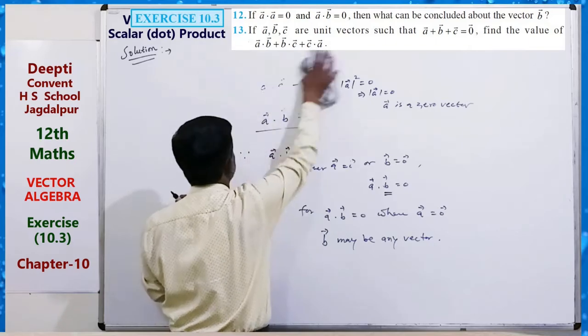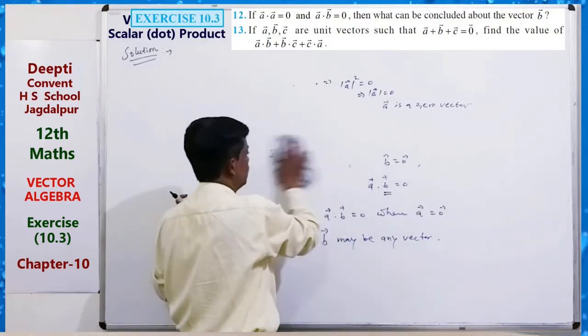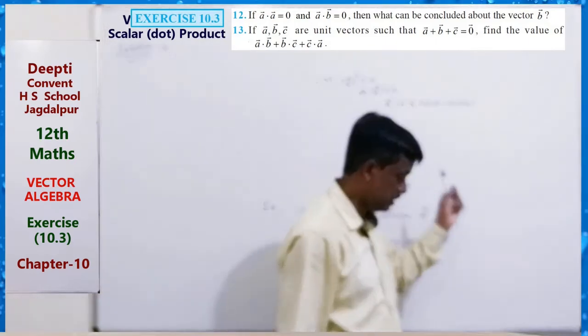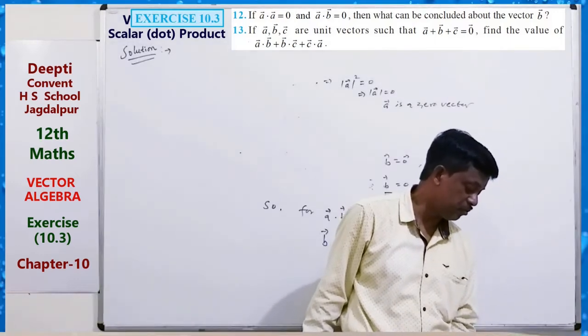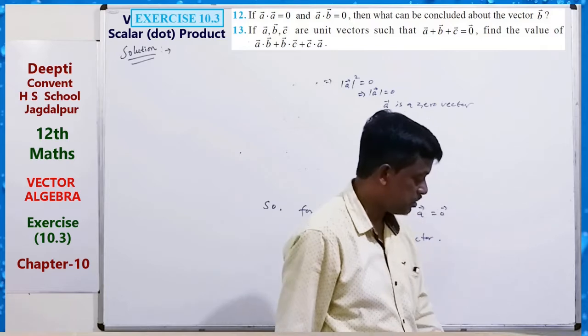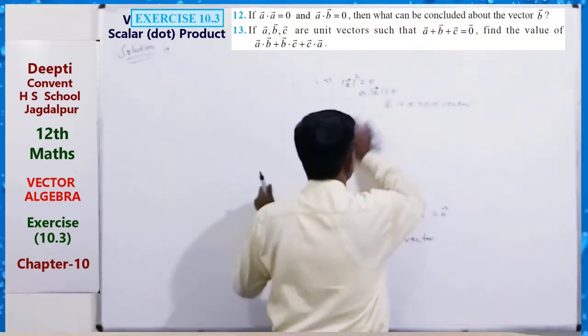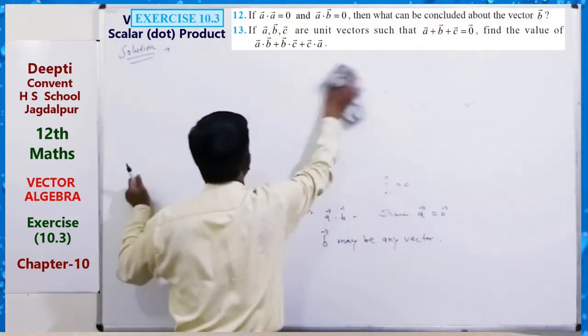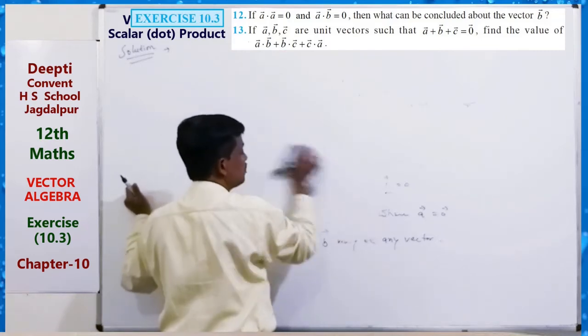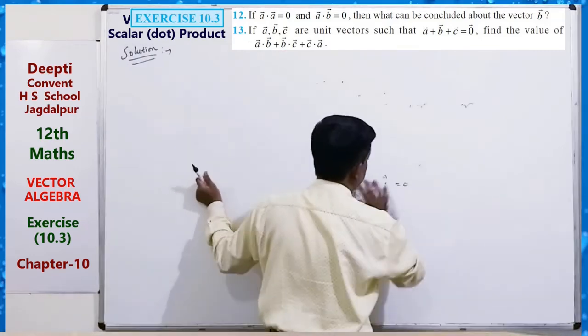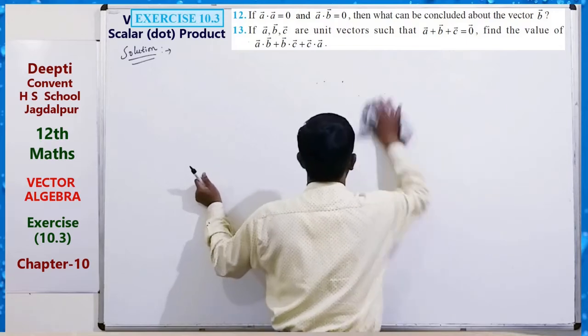Now question 13. What is question 13? A, B, C are unit vectors such that A plus B plus C equals 0. Find the value of A dot B, B dot C, C dot A. Very, very important question. This type of question can be solved by using the square of a vector equals the modulus of the vector squared. Clear?